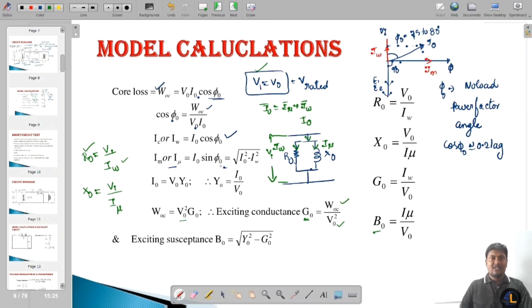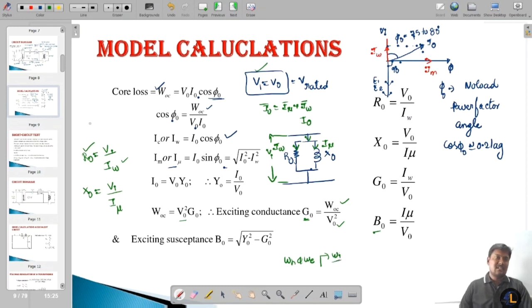And one more thing: we can separate the hysteresis losses and eddy current losses from the iron loss.